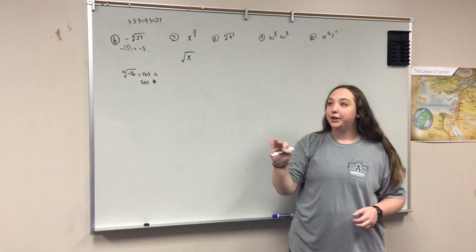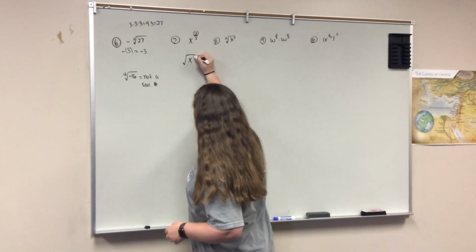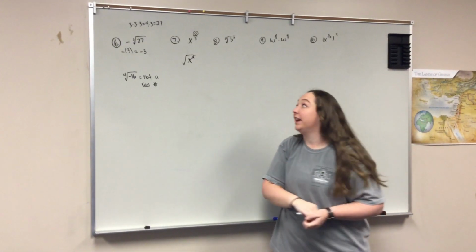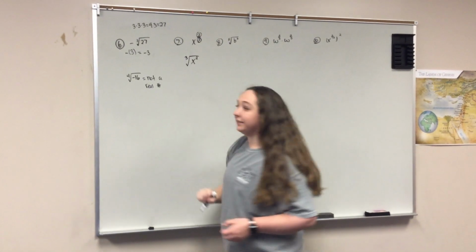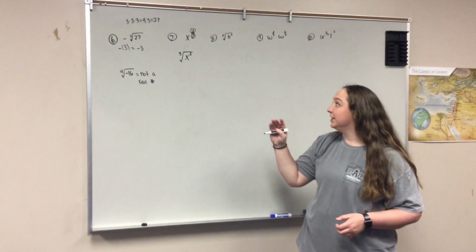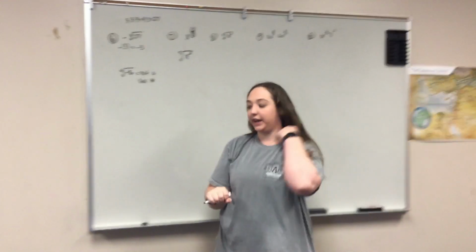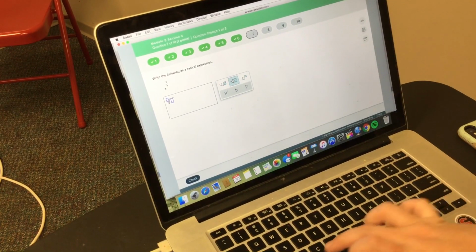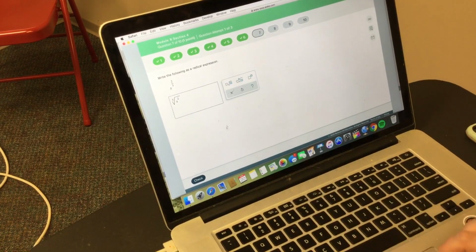What the 2/3 tells us is this top number, 2, is going to be under the radical sign with the variable, not the value. And this 3 is going to be the root that we're trying to find. So x to the 2/3 is actually the cubed root of x squared.